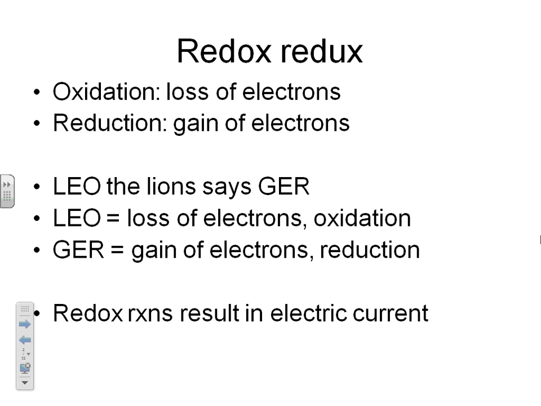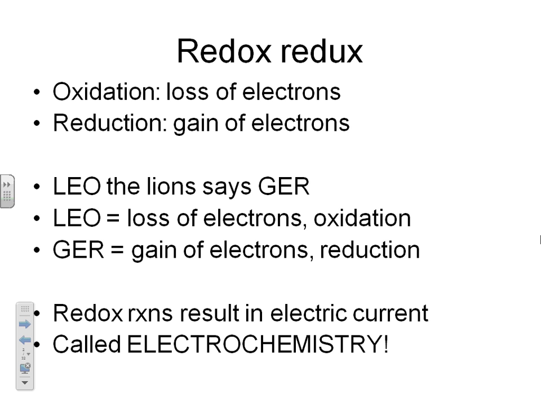They're changing locations. They're being lost by one thing and gained by something else. That means that the electrons are moving. They're changing places. And that movement of electrons results in an electric current.